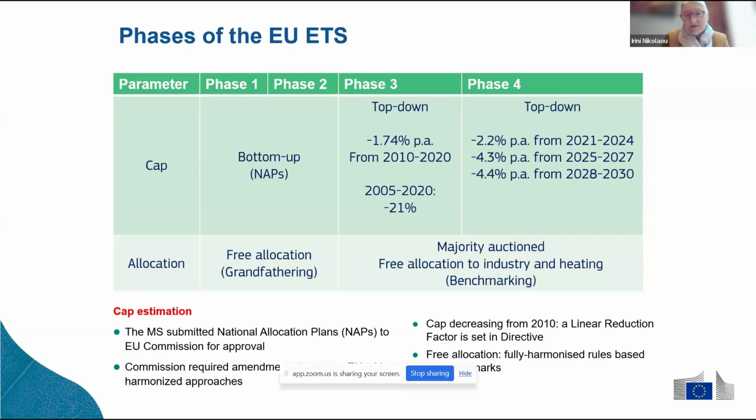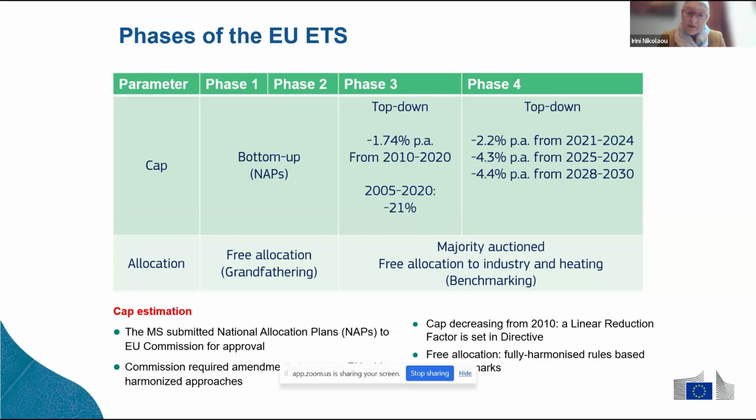The cap was estimated. It was a bottom-up approach, but it didn't happen exactly in the same way, with concrete MRV rules for all the installations and, after gathering the data, establishing the cap.